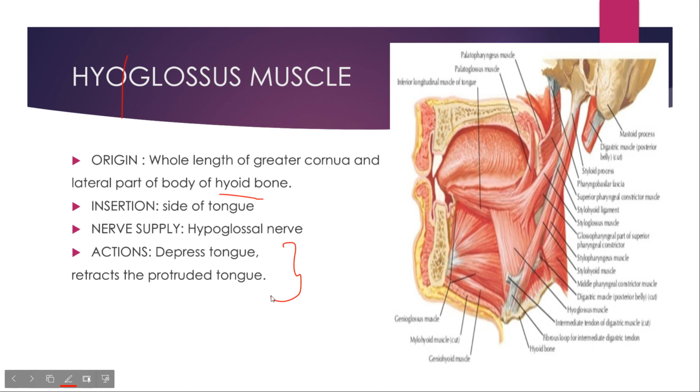The structures which pass deep to the posterior border of hyoglossus include the glossopharyngeal nerve, stylohyoid ligament, and lingual artery.